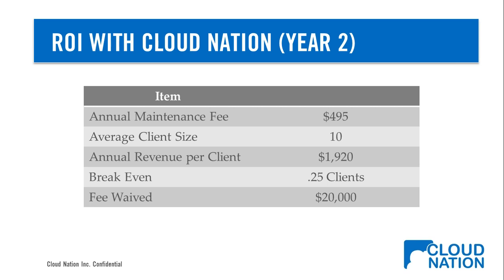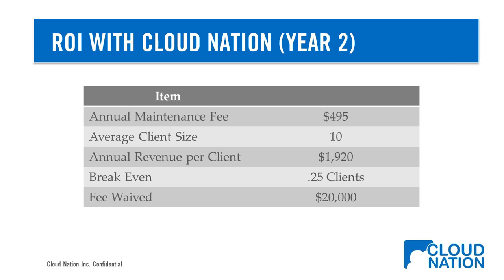After your first year, after your initiation fee, we have an annual maintenance fee of $495. And so from a standpoint of, again, if you take a look at your average size client being 10, revenue per client being about $2,000, the cost of your ROI is actually 1/4 of one client per year.